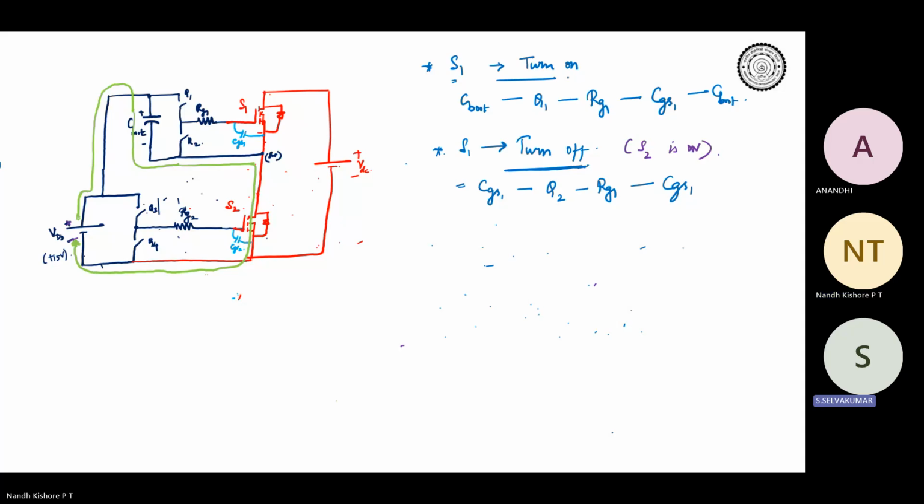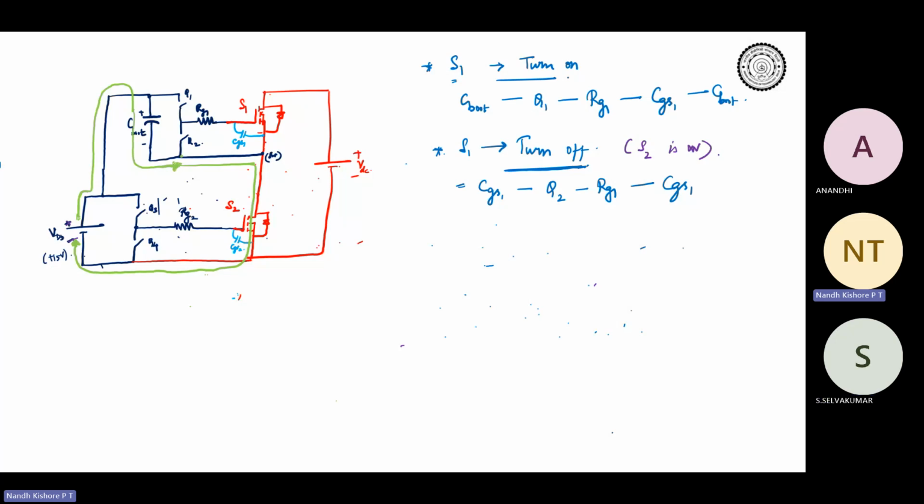When S1 is off, Q2 will be on, correct? So it will not be in that path. So the point is, you came till this point. You are over here.